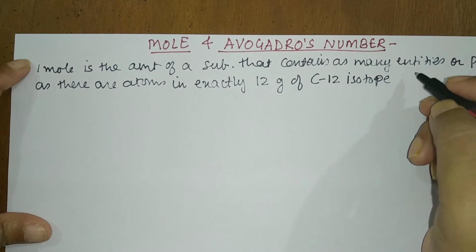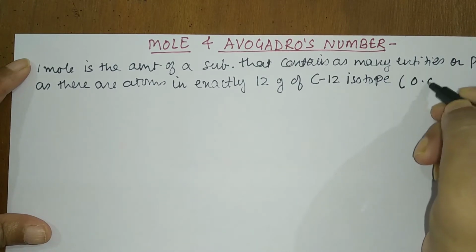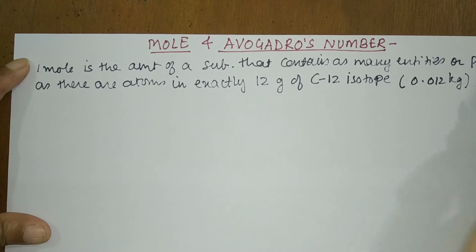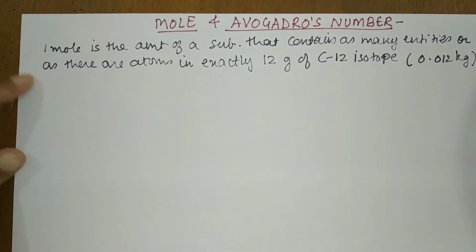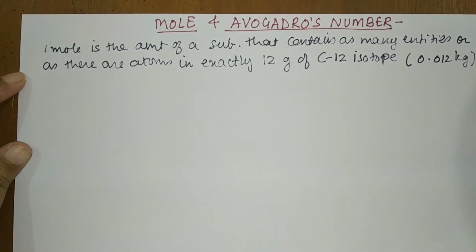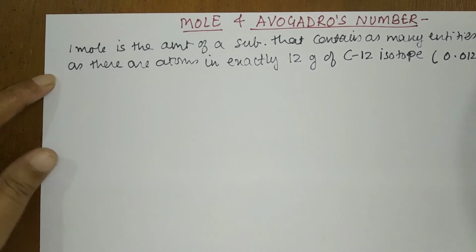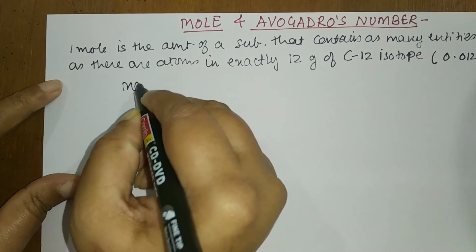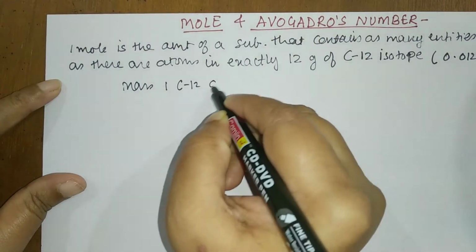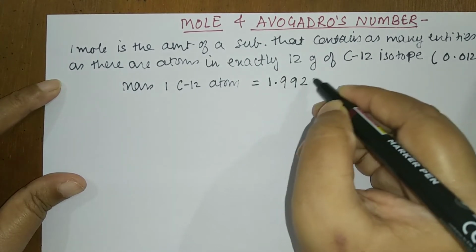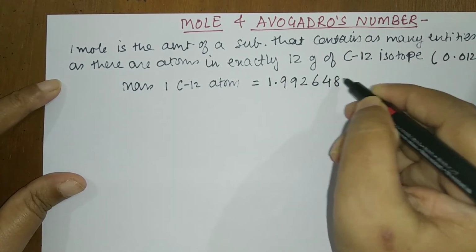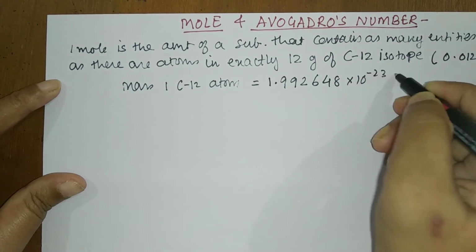Students, when I say 12 gram, you can write this as 0.012 kg. Meaning is same. Now let us calculate the number of atoms in 12 gram of carbon-12 isotope. You know that the mass of one carbon-12 atom can be determined by using a mass spectrometer, and it is observed that the mass of one carbon-12 atom is 1.992648 into 10 raised to minus 23 gram.